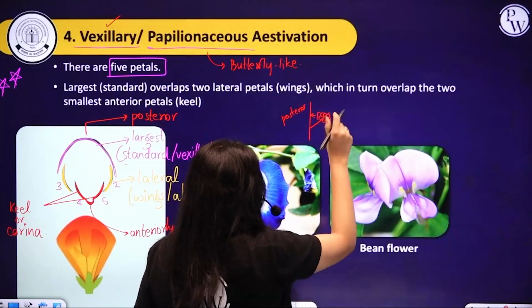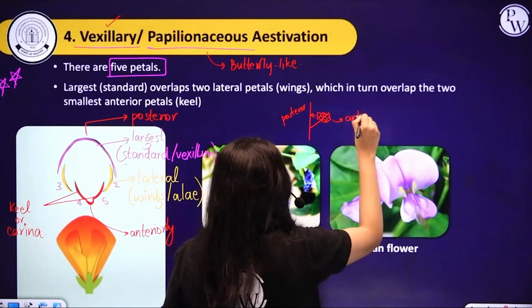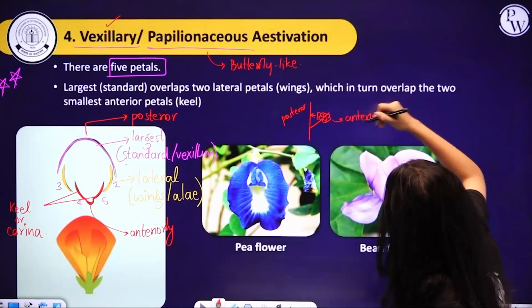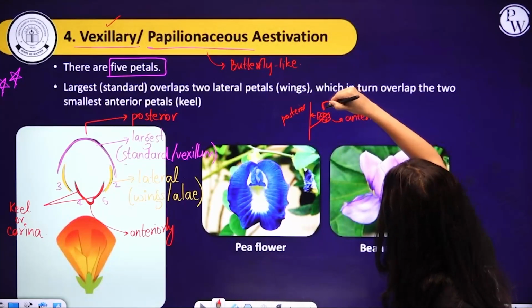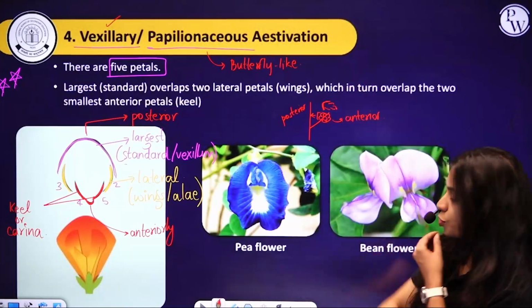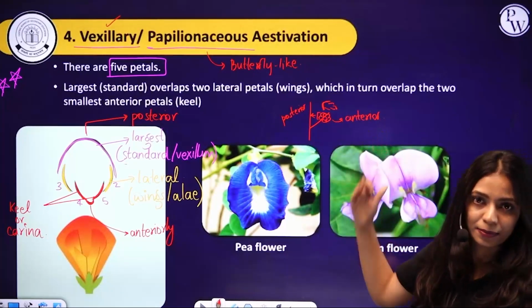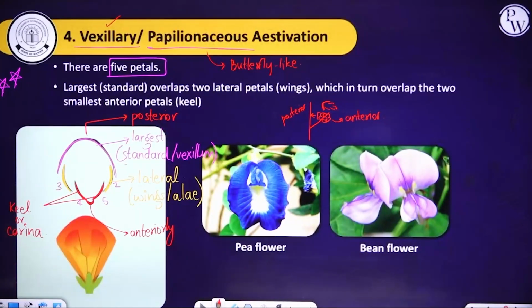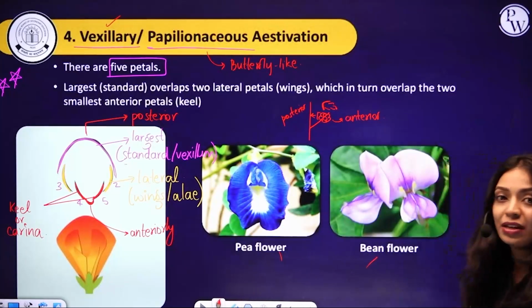The part of the flower or the side of the flower that is away from the axis is called the anterior part. So in this flower, the standard is present posteriorly here, followed by that you have two lateral petals, followed by that you have two keel petals. This is how the arrangement will be. This is present posteriorly, smallest is present anteriorly. Is that clear? So this type of aestivation is called vexillary or papilionaceous aestivation. Examples, both of them are Fabaceae members, bean flower and pea flower.